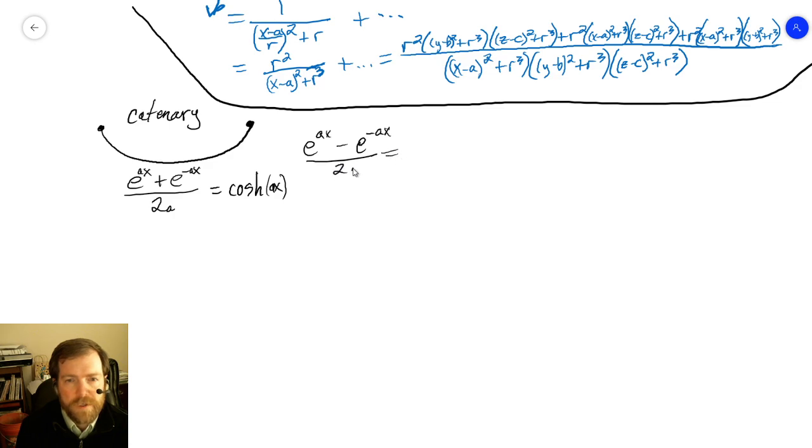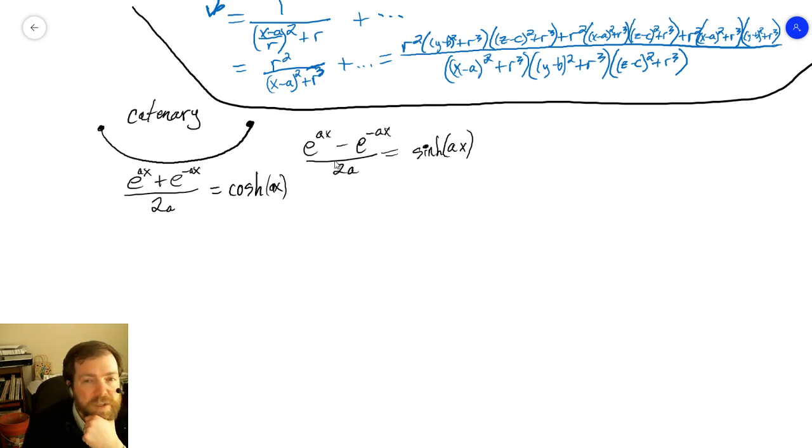And the other nice thing about hyperbolic sine is that you get very similar properties between the hyperbolic sine and the hyperbolic cosine that you would with the sine and cosine. So not exactly the same, but similar-ish.